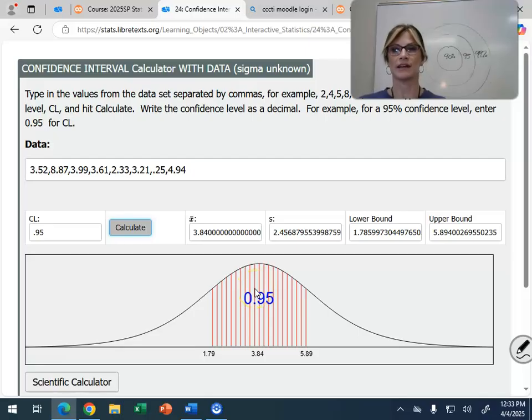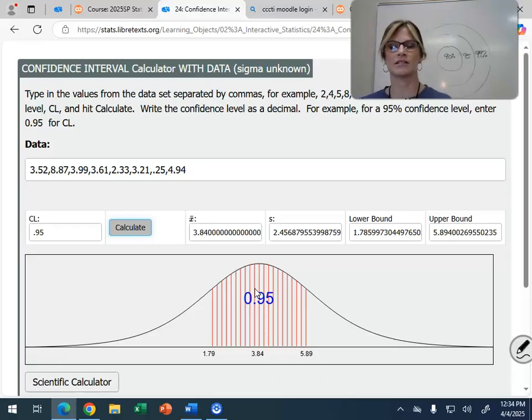So if we were saying this, we would say, we are 95% confident that the true mean weight of garbage in Arizona, we're 95% confident that the true pounds of glass discarded is somewhere between 1.79 and 5.89 pounds. We are 95% confident that the true mean weight is between here and there.